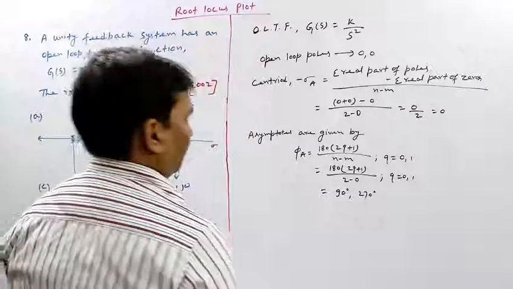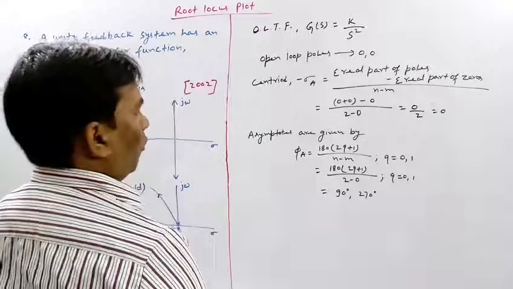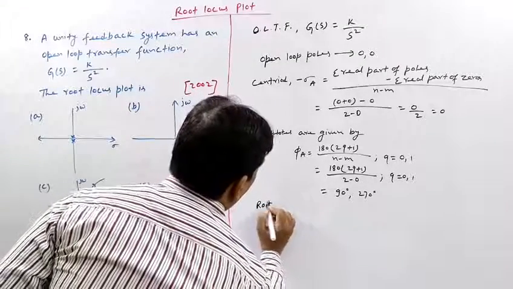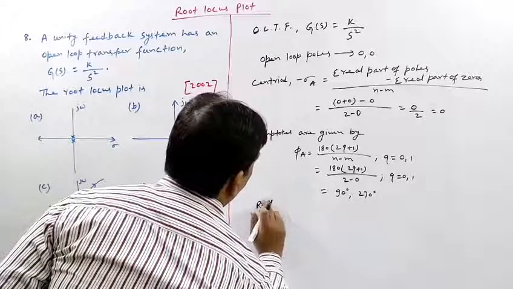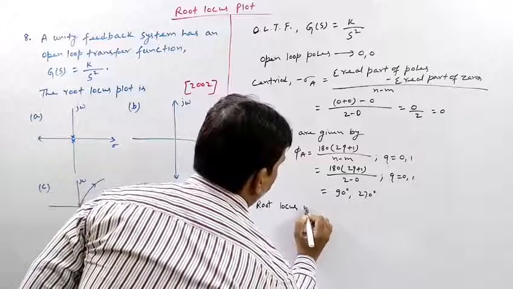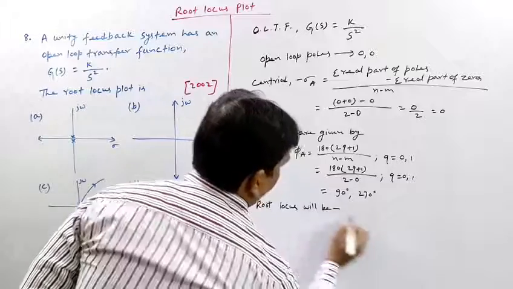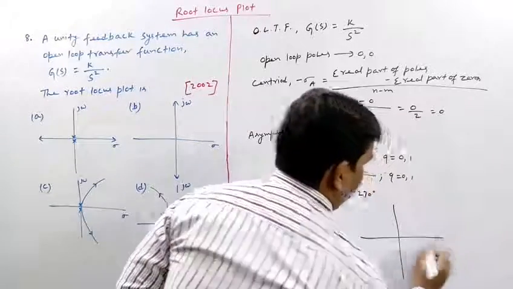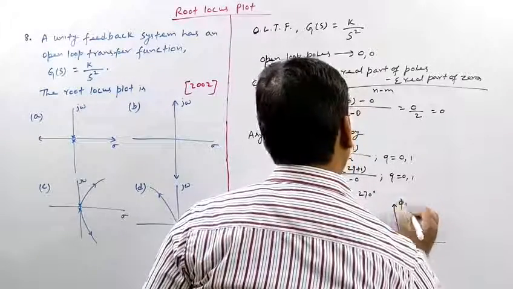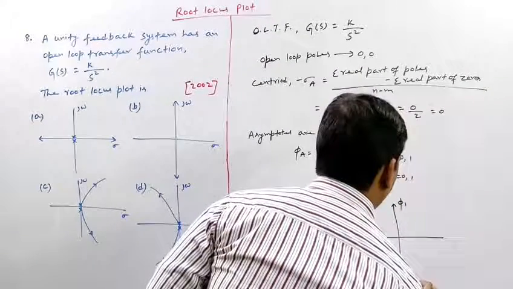If we plot the root locus, then phi 1 will be along this and phi 2 will be along this.